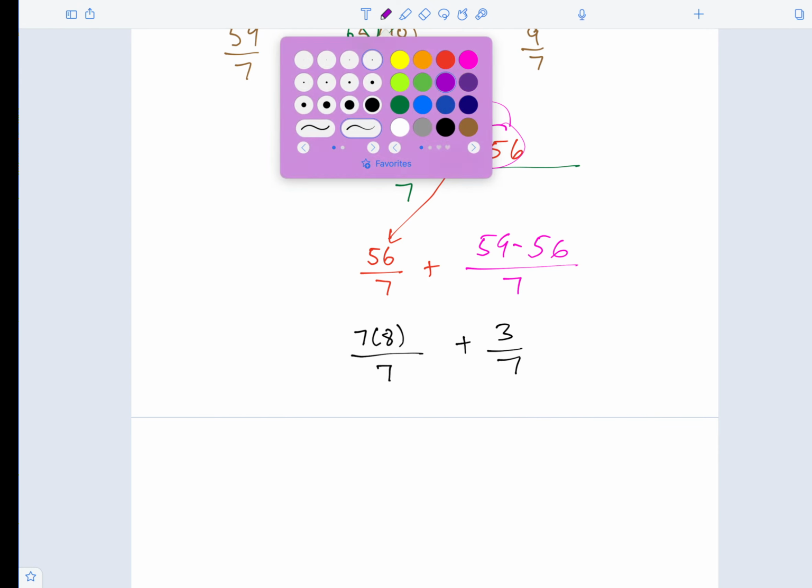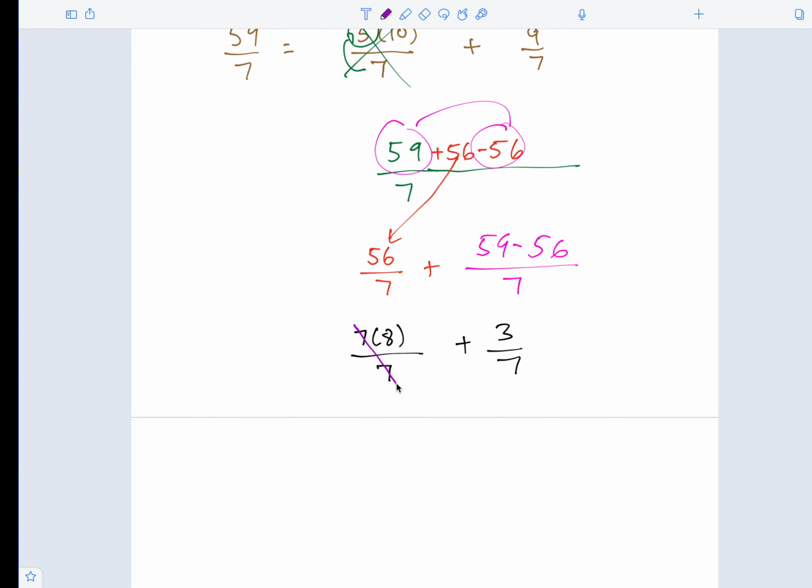And so what happens here is the 7s get paired together, this tells me that it happens 8 times, and then you have 3 left over. And this idea is exactly what's going on with long division.